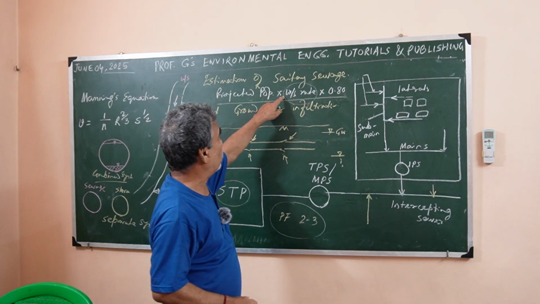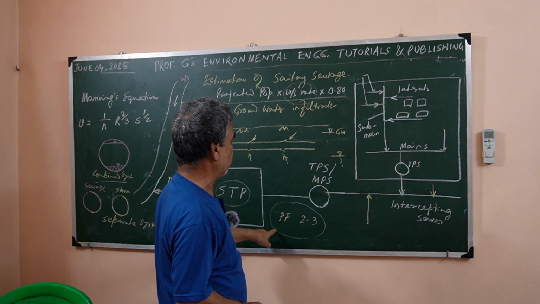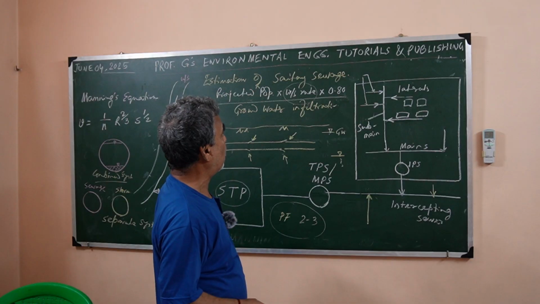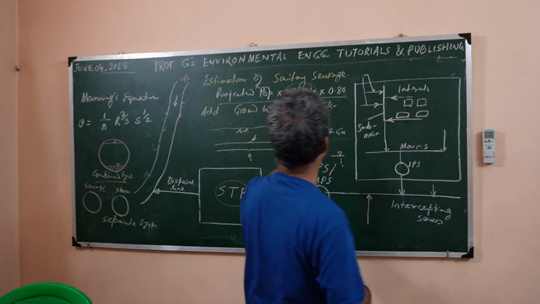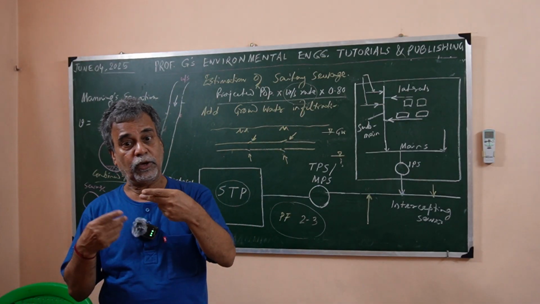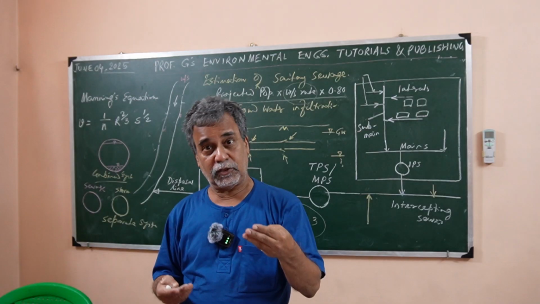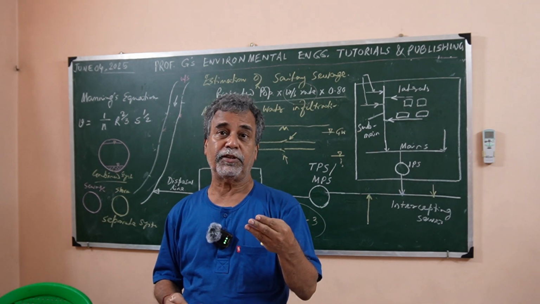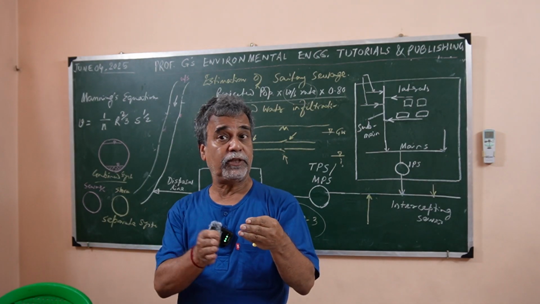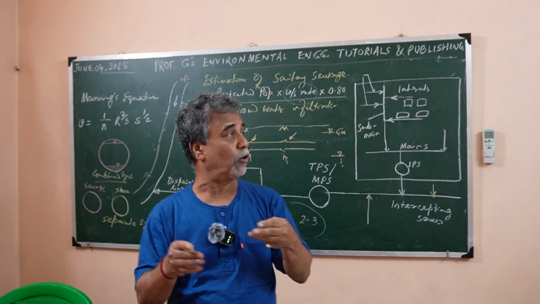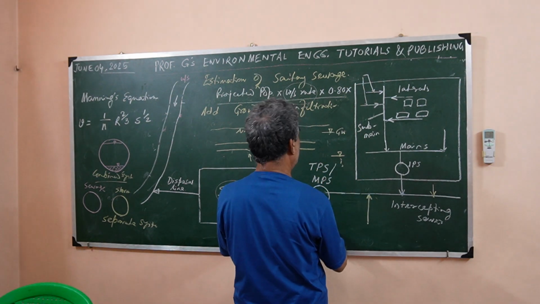So when estimating sanitary sewage, we have to design the sewer line or the sewerage system for the peak discharge. That is why we take this factor into consideration to get the peak discharge based on the average flow. So average flow into that, we have to multiply further by the peak factor.